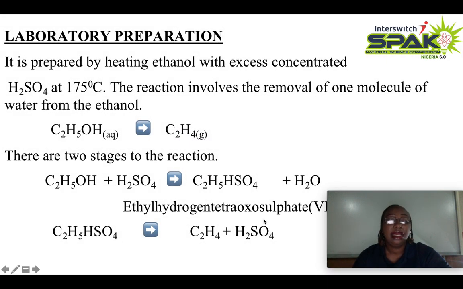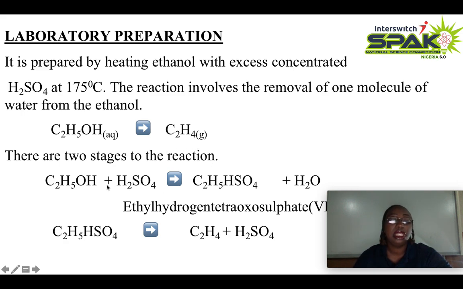It was said earlier that ethene is prepared in the laboratory by dehydrating ethanol in the presence of concentrated tetraoxosulfate 6 at 175 degrees C. This involves removing elements of water from ethanol, in this example, to give you ethene. The reaction is of two stages.